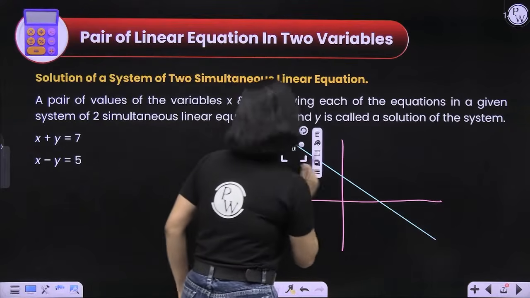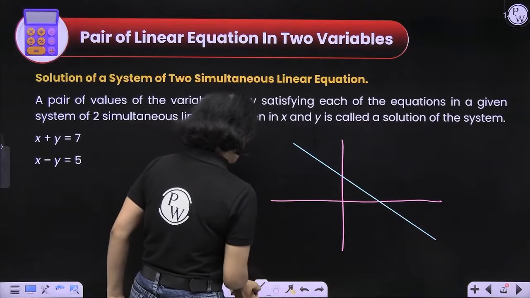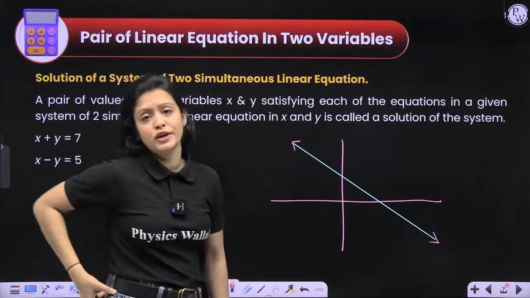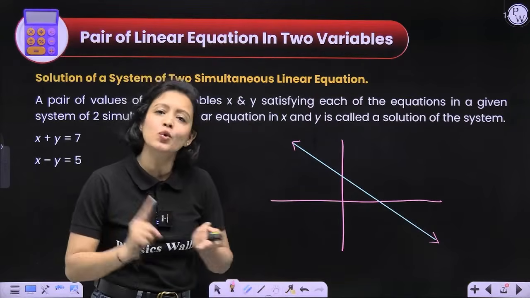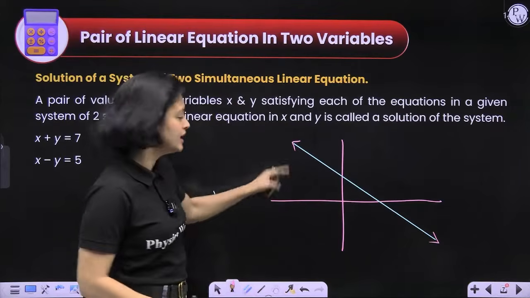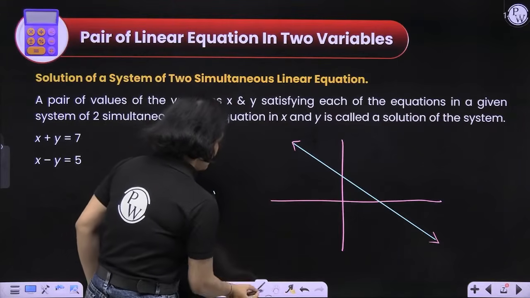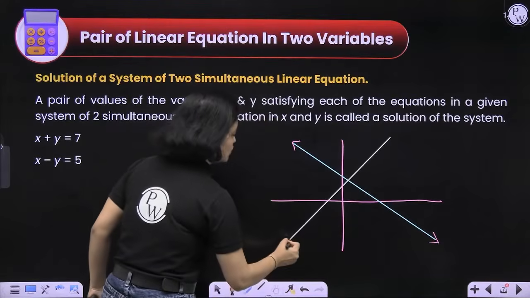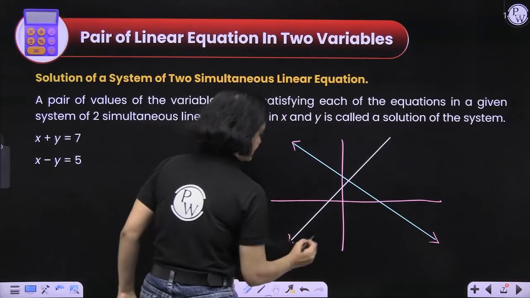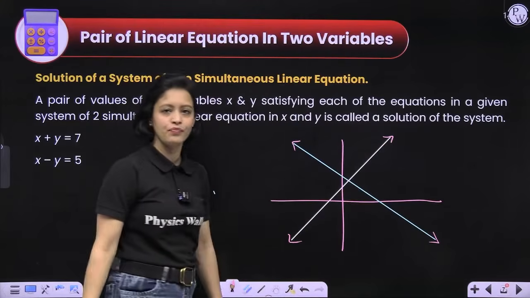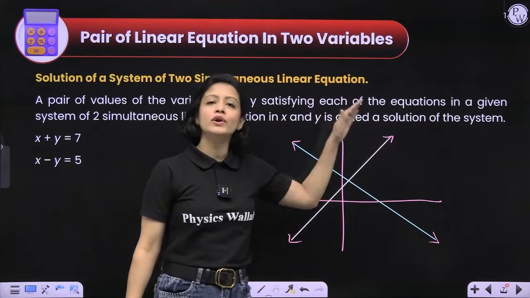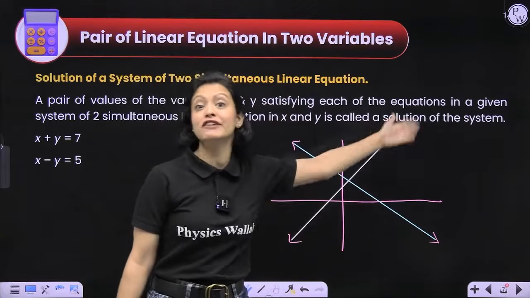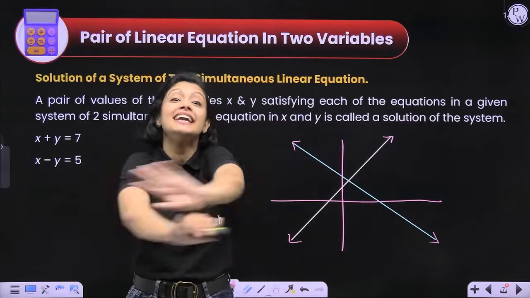Now, if I have two linear equations in two variables, I'll get two lines on the same graph I am drawing, right? So now let me draw another line, and let's suppose another line looks like this. When we are talking about individual lines, then they have infinite solutions, guys.